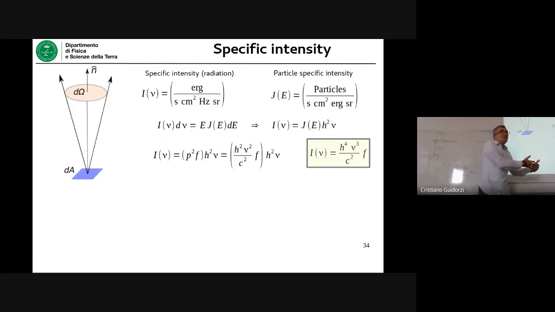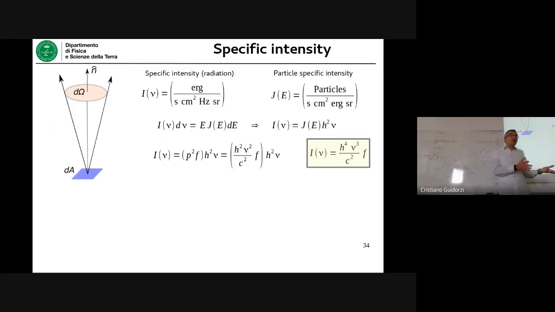If this object is moving with respect to us, the observers, it is interesting to know how the function I changes when I move from one reference frame, for example the comoving frame of a source, to the observer frame. So one interesting question we would like to answer is how I changes when I move from the source comoving frame to the observer frame.